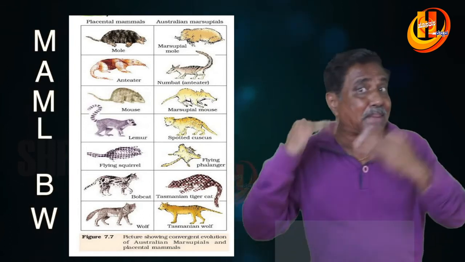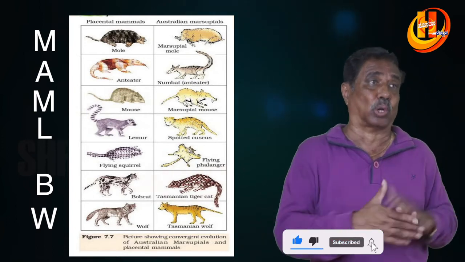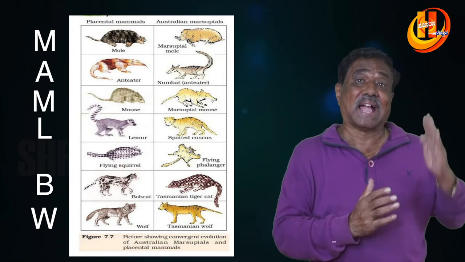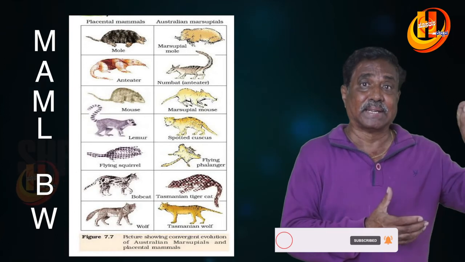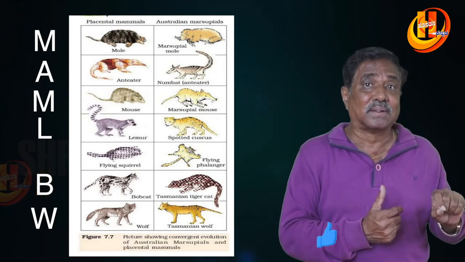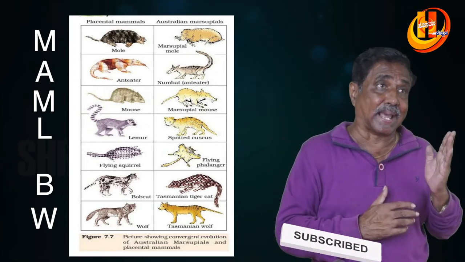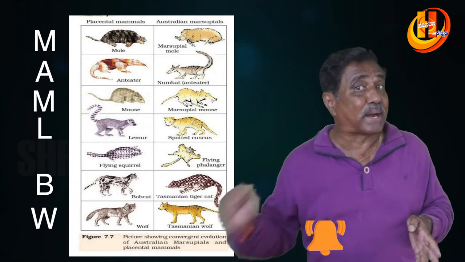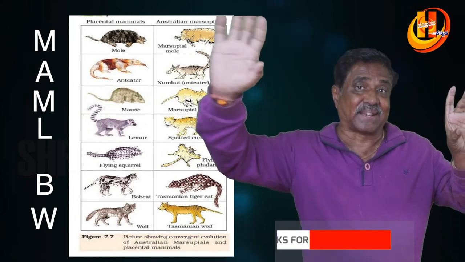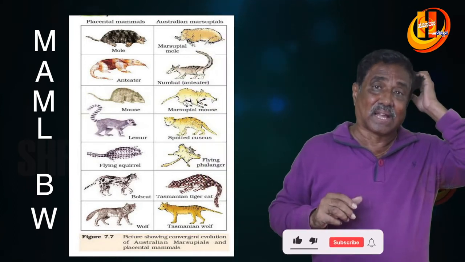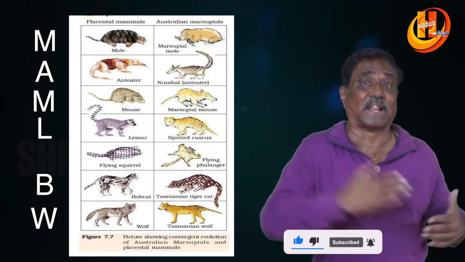That is placental mole and then marsupial mole, placental anteater and numbat, mouse and marsupial mouse, lemur and spotted cuscus, bobcat and tiger cat, wolf and Tasmanian wolf, flying squirrel and flying phalangers.